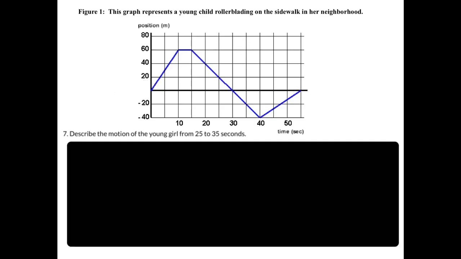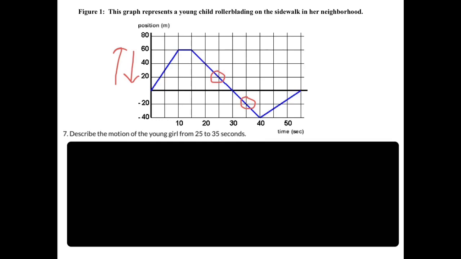Question number 7 asks us to describe the motion of the young girl from 25 to 35 seconds. From 25 to 35 seconds, a lot is going on. Now, for position, when you go up, you're moving forward. When you go down, you're moving backwards, right?